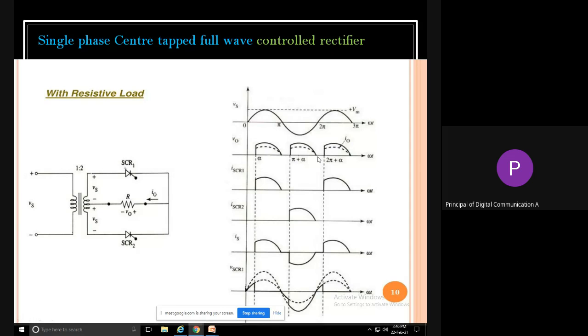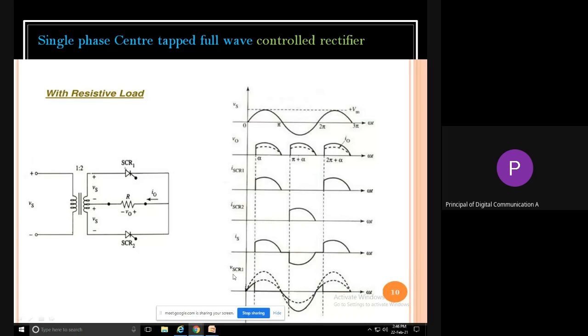So why is it that one? The steps are there. The simple one, that is when SCR1 will be in on condition and when SCR2 will be in on condition. Accordingly, these pulses you will generate, and when these pulses are generated, you will get the respective output across the SCRs.